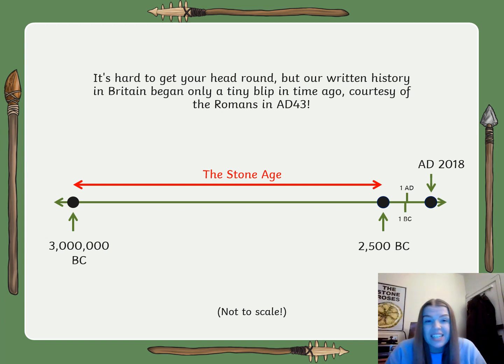So this is quite a difficult part to get your head around, okay? But if you look at the timeline we've got on the screen at the minute, our written history, so the actual proof of history that we've got, starts with the Romans in 43 AD. Okay, so that's, look, it's even after the Stone Age.